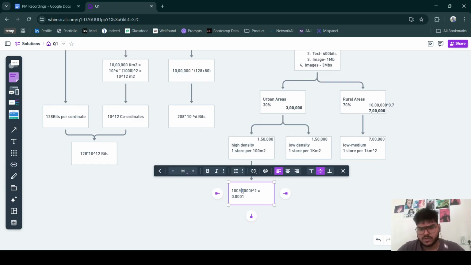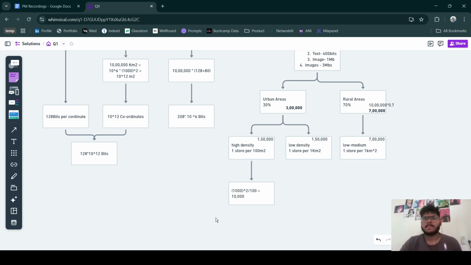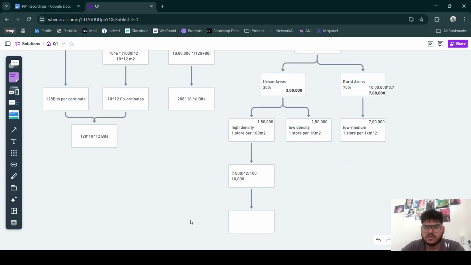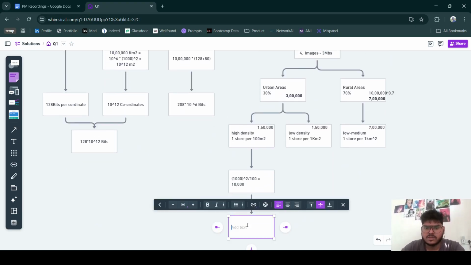Each kilometer square of area will have around 10,000 stores. So similarly, if all the data combined, 10,000 stores per kilometer square, so 1,50,000 kilometer square of area times 10,000 stores per kilometer square of area.